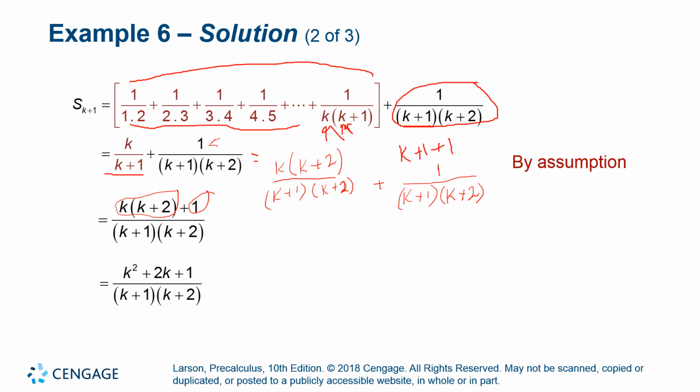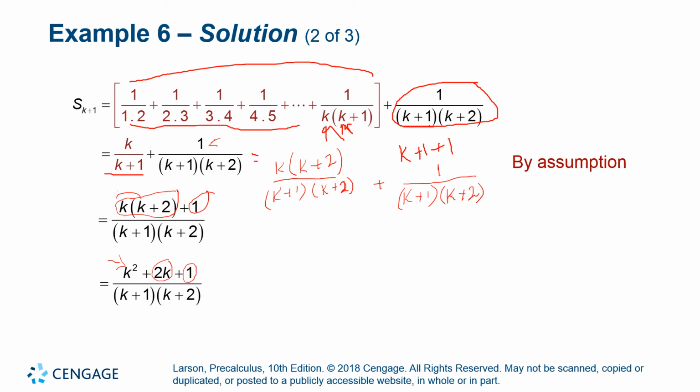We can expand this term, so this is k times k, that will give me your k squared. k times 2 will be the 2k over here, and we have a plus 1 which is right here.